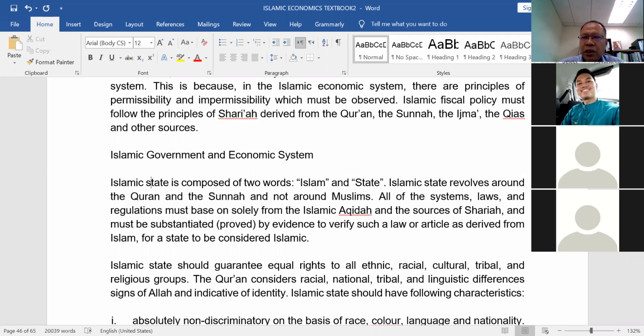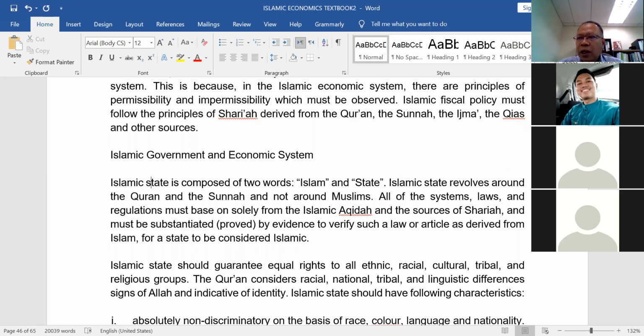Yang penting bila kita sebut Islam ni ialah mesti berpaksikan kepada Quran dan Sunnah. And not around Muslims. Sebab apa? Ada juga negara yang diperintah oleh orang Islam tapi tidak mengamalkan prinsip Islam. Dasar kerajaan tidak berpaksikan atau berlandaskan Quran dan Sunnah.